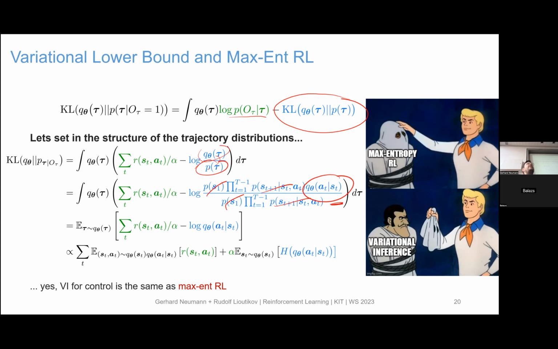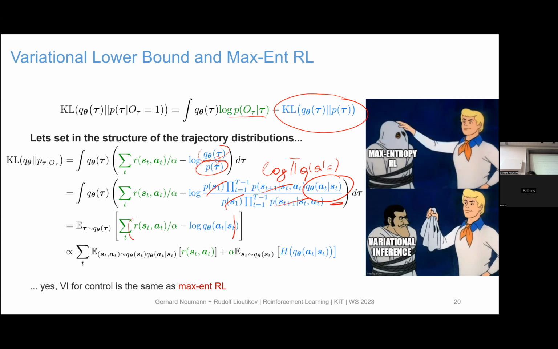Except for this guy. So what remains is the log of the product of Q of A given S, and log of the product is going into a sum of the logs, isn't it? That's the standard thing to do. And this sum is basically going from here to here. That's what we see here.